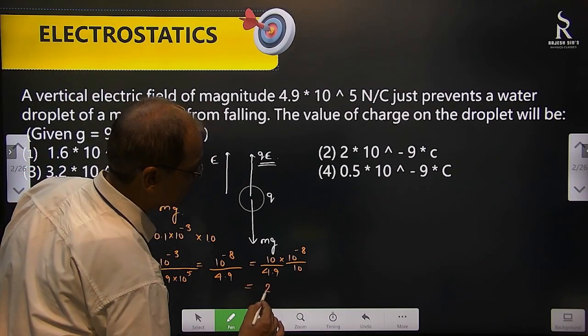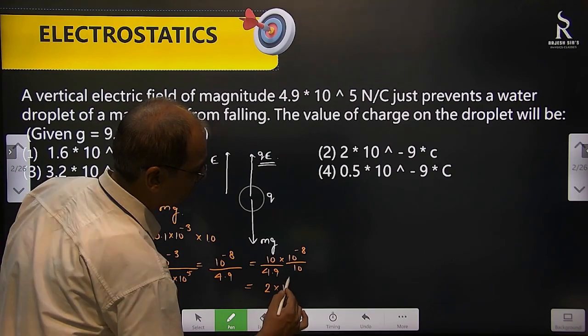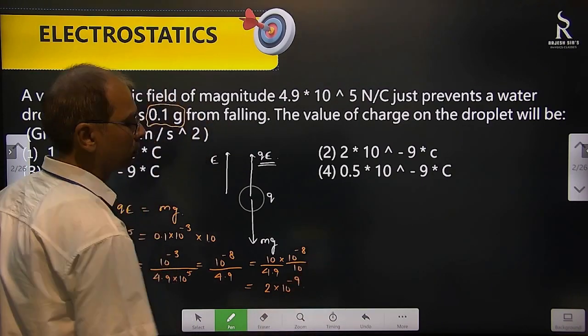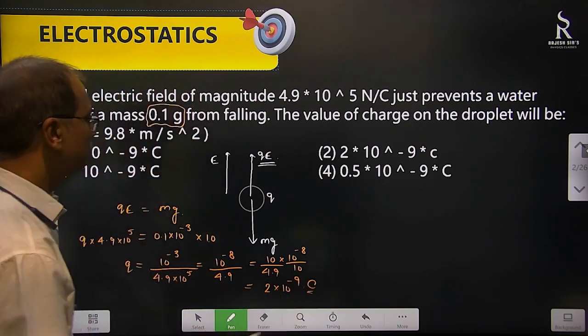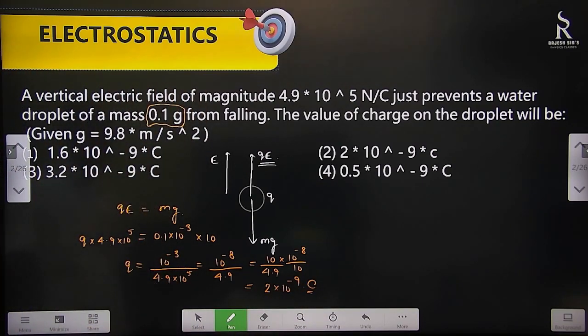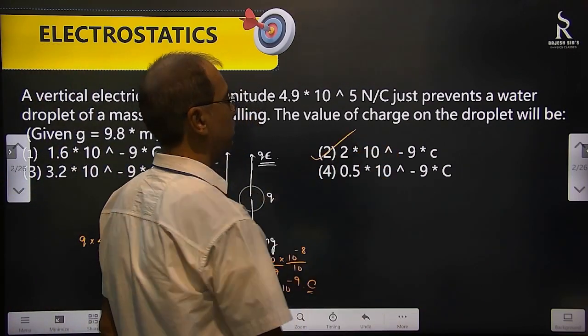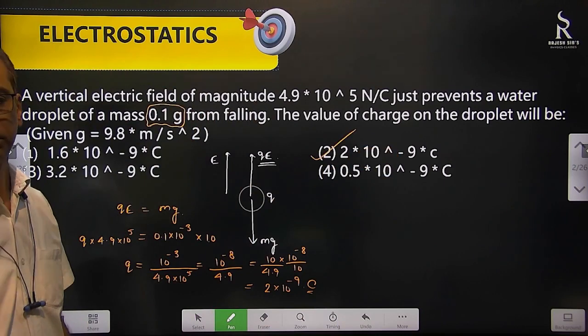So this is 2 into 10 to the power minus 9 Coulomb. This should be the charge. Now which option is giving this value? Just check. Not approximate, the exact one is there: 2 into 10 to the power minus 9 coulomb.